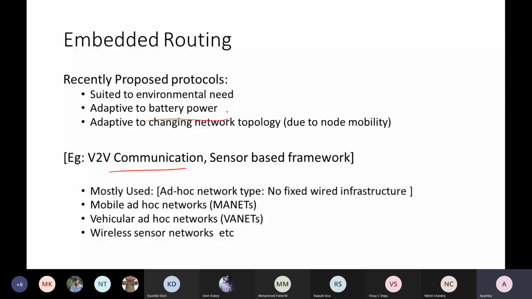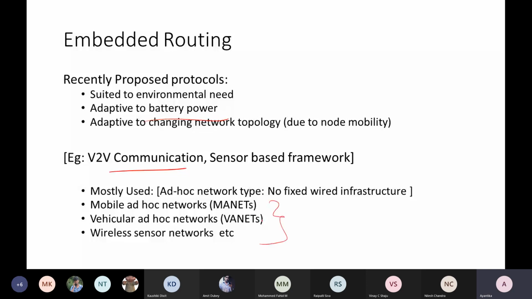These are more or less stable. It is not that after a few seconds it may change. That requirement is not present in our traditional routing technique. But when we move to embedded routing, V2V communication, sensor-based networks, IoT frameworks, this adaptivity to a changing network is very important. That's why we are trying to mingle these concepts here.